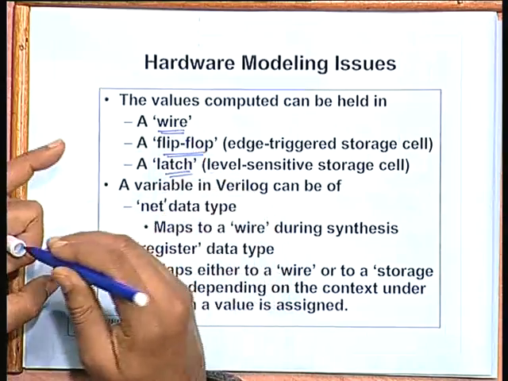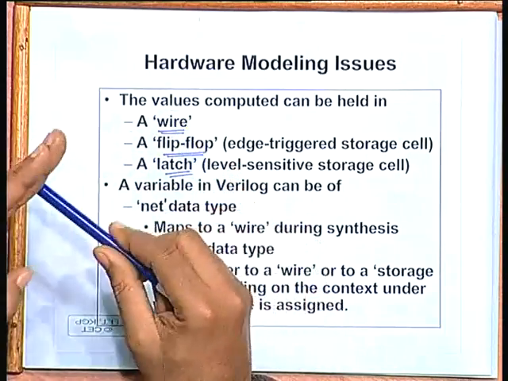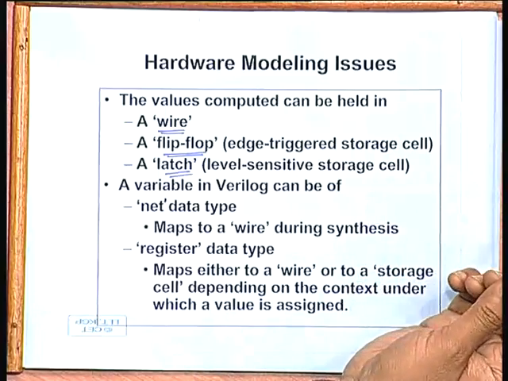This wire is the typical scenario when you are modeling pure combinational logic. There is no storage element. The value is temporarily stored solely for the purpose of simulation, but in the actual hardware implementation you are really not storing anything in the wire, it is just the signal propagating from one gate to the other.